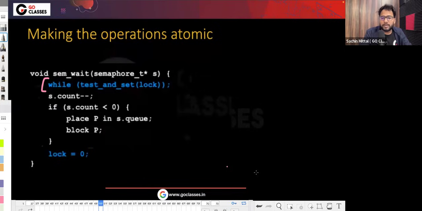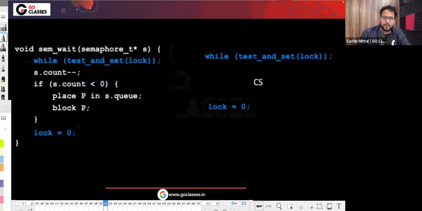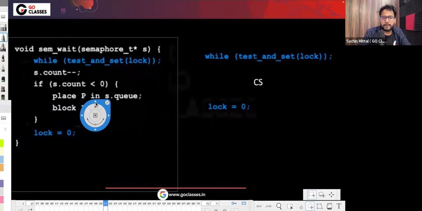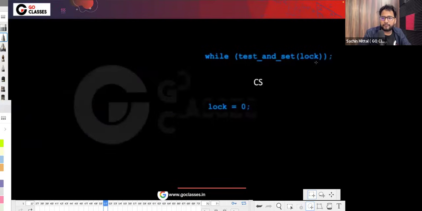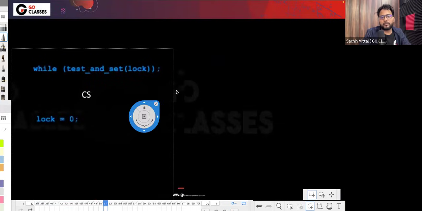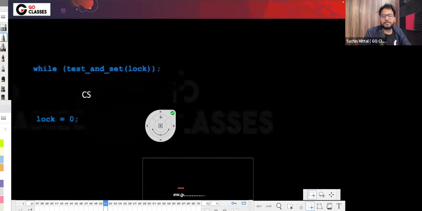If you remember, this was just vanilla test and set. This is test and set for the user critical section, but it was not a good idea because of the busy waiting.